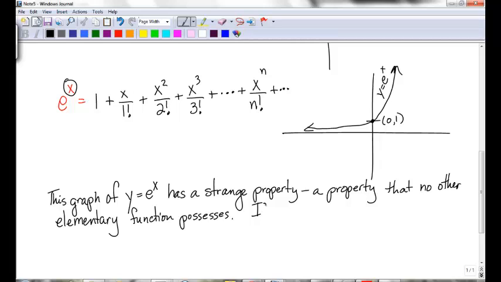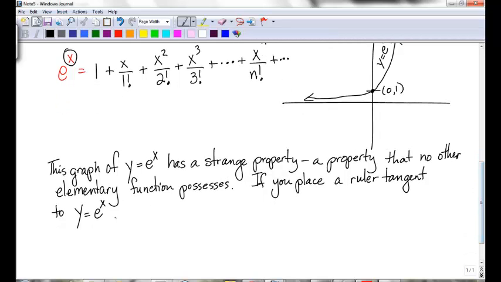If you place a ruler tangent to y equals e to the x power, you will get the slope to be e to the x power. Okay?